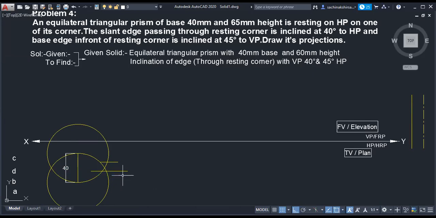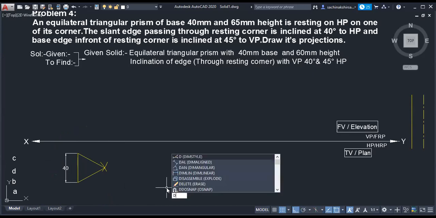So in the compass I have taken 40 mm distance. Then I can join this. So this will be my true shape of the equilateral triangle.